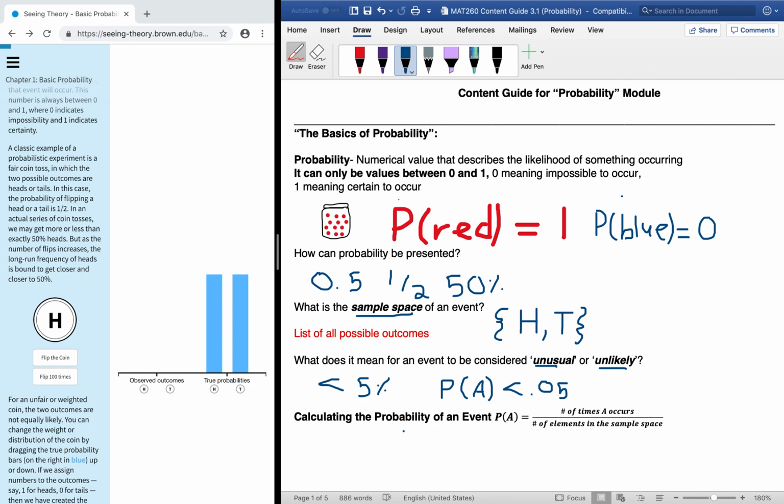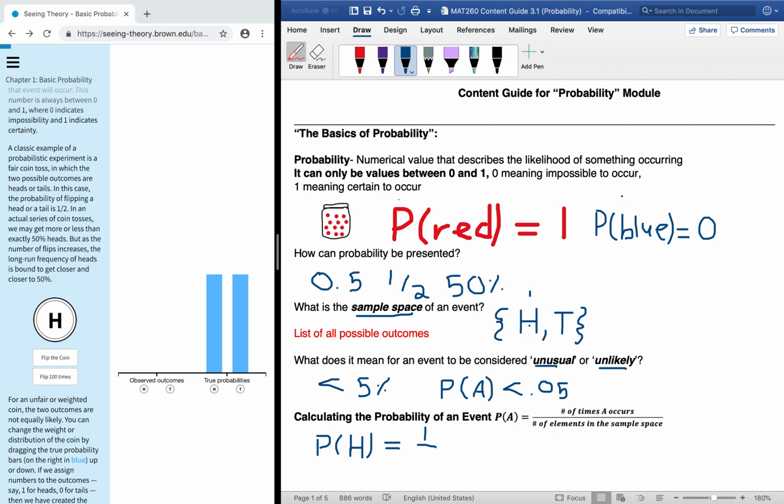So the formula for calculating the probability of an event is just the number of times A occurs over the number of elements in the sample space. So say we're looking back at our flipping a coin, and say we wanted to find the probability of getting heads. Now, if we look at our sample space, our heads occurs 1 time. So the chance of getting our A, our heads, is 1. And then we need to know the total number of elements in the sample space.